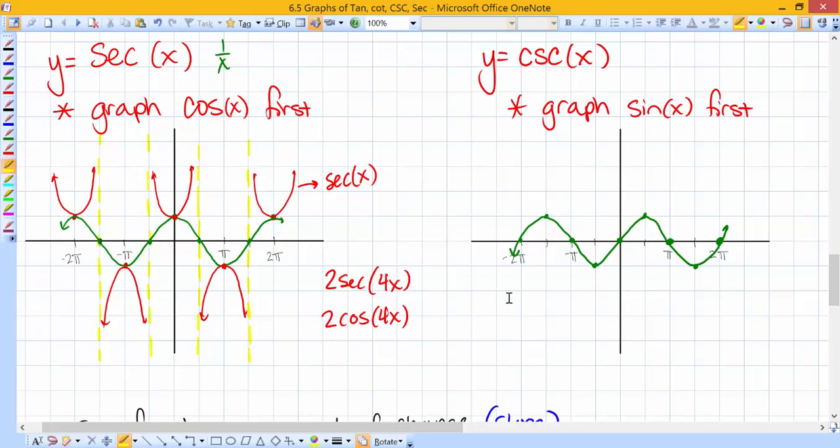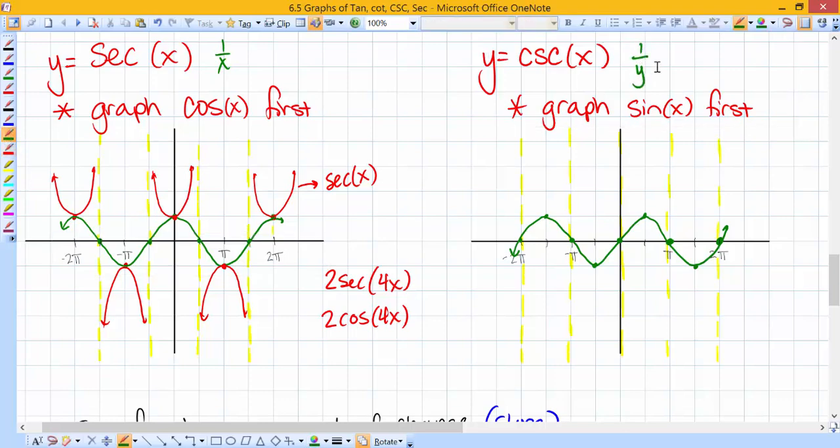Now, if you look at your unit circle for the undefined values of cosecant, those actually happen where sine is 0, because cosecant is 1 over y. So anywhere y is 0, which is the sine value, you will have asymptotes. This is 1 over y.